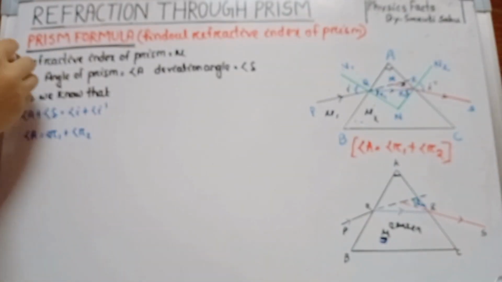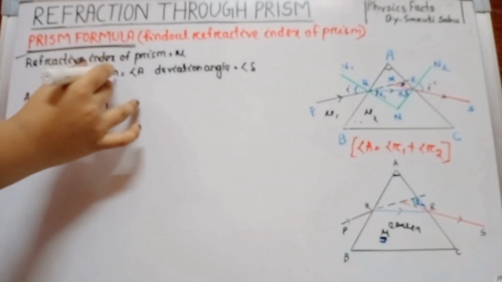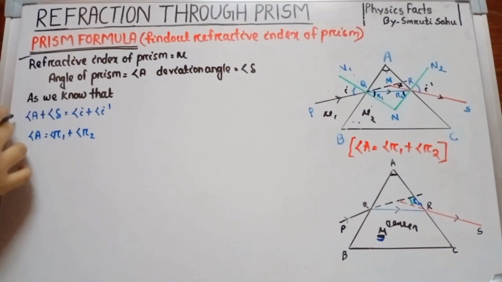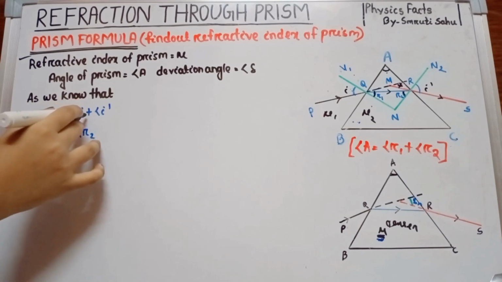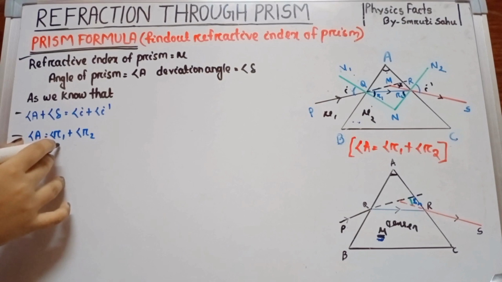So first, students, we take the refractive index of the prism as mu. We know the angle of prism, that is angle A, and the deviation angle delta. Also, we know these two formulas: angle of prism plus angle of deviation equals angle of incidence plus angle of emergence, and angle of prism A equals angle R1 plus angle R2.